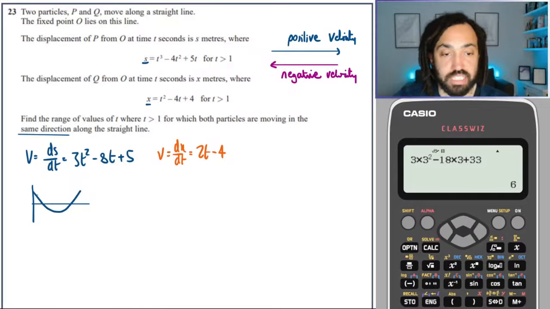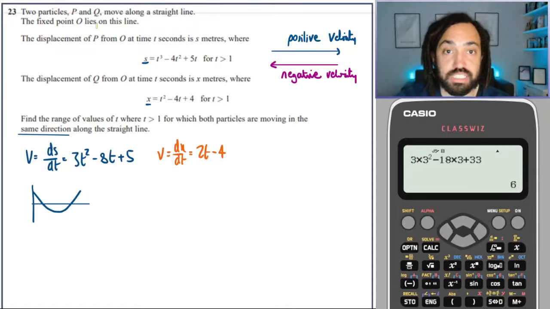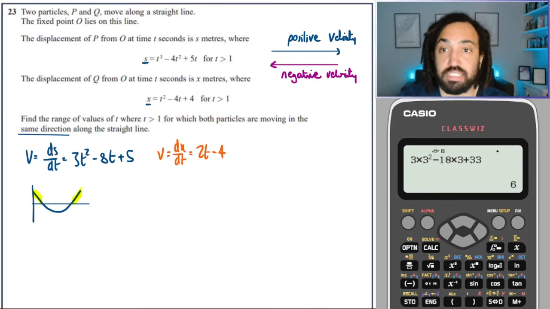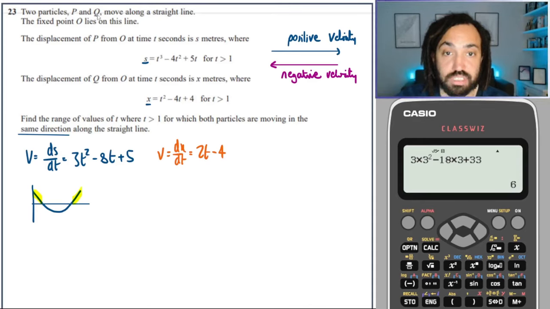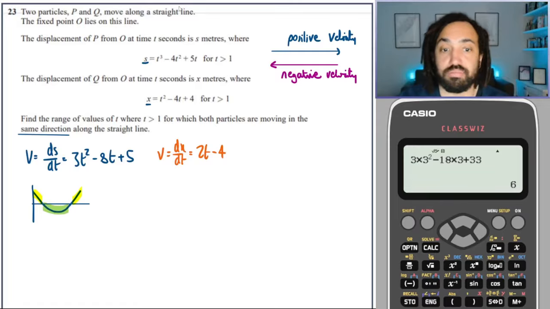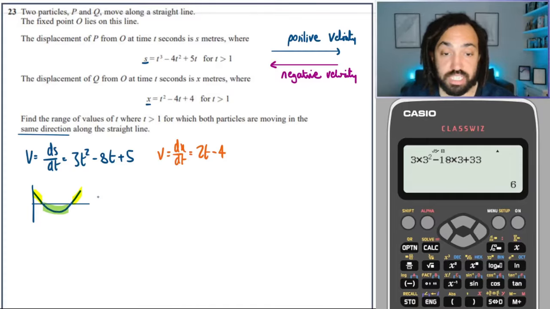And that means that it's going to have positive velocity when it is above the axis, and it will have negative velocity, obviously, when it's below the axis, like that. So what we need to do is find the times at which it changes from positive to negative. And that happens when the velocity is 0.